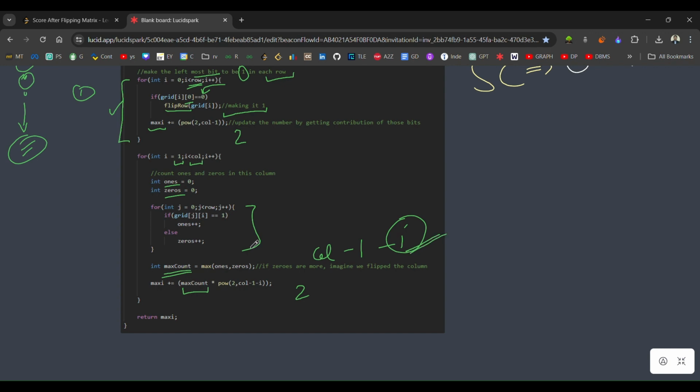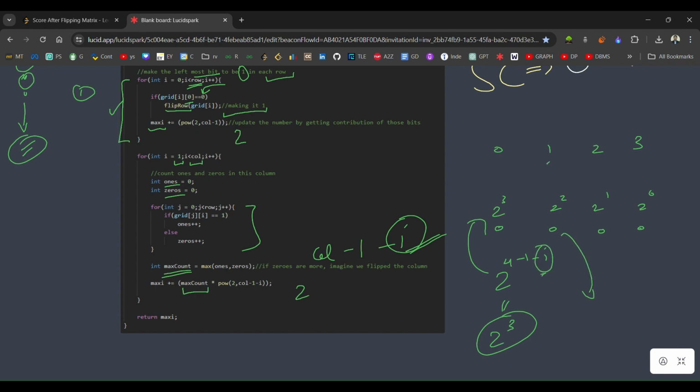Here minus i came. Why? Let's say the indices are 0, 1, 2 and 3 and the values are 2 raised to power 3, 2 raised to power 2, 2 raised to power 1 and 2 raised to power 0. Can I write it as 2 raised to power 4 minus 1 minus i? This will give 2 raised to power 3, because i is 0 here.